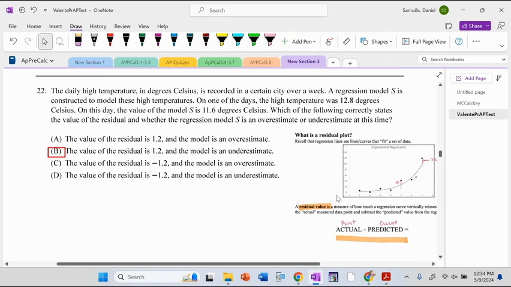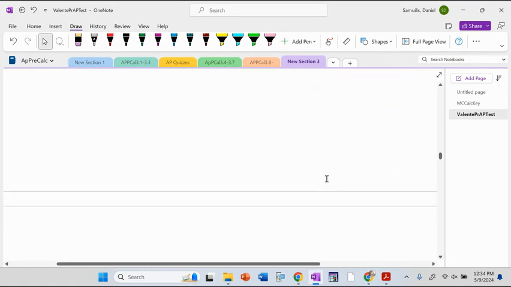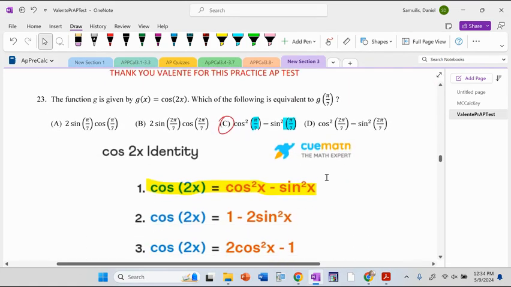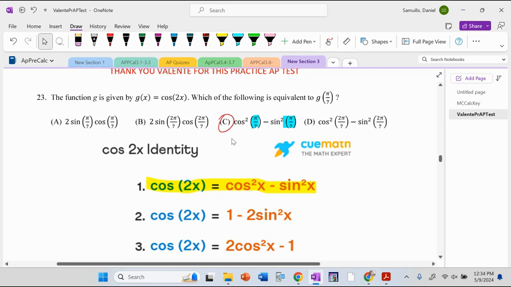Tough vocab. Okay, another tough one for my class, especially the memorization of our identities, which they have to be memorized. Unfortunately, for cosine of 2 theta, it's because of the Pythagorean identities. I could plug in 1 minus sine squared for cosine squared and get this, or I can plug in 1 minus cosine squared for this and get this one.